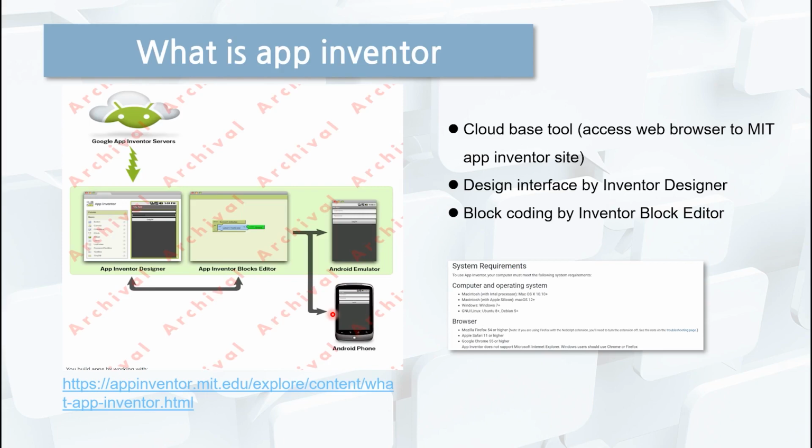If you don't have an Android phone, you can build your app using the Android emulator. The emulator is software that runs on your computer and behaves just like the phone. So don't worry about it.